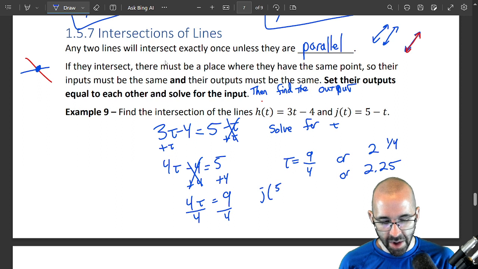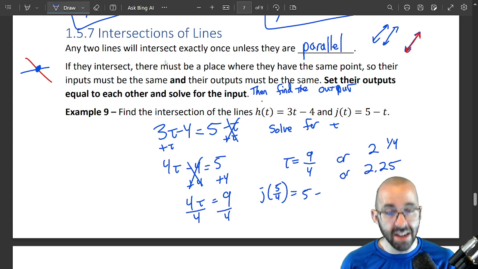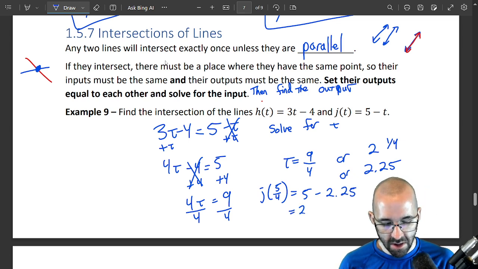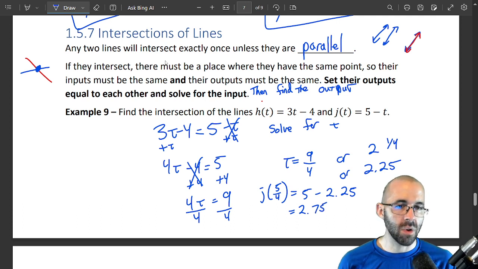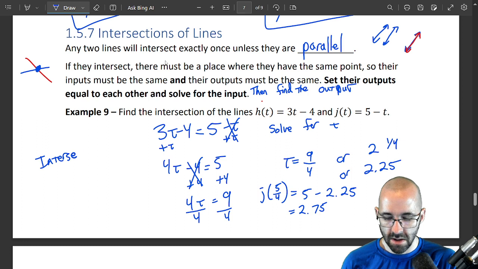So J evaluated at an input of 9/4 is 5 minus 9/4. Or if you're better at decimals, 5 minus 2.25, and you'll get 2.75. Or 2 3/4, or 11/4, it doesn't matter. So we're going to say they intersect at an input of 2.25 and an output of 2.75.